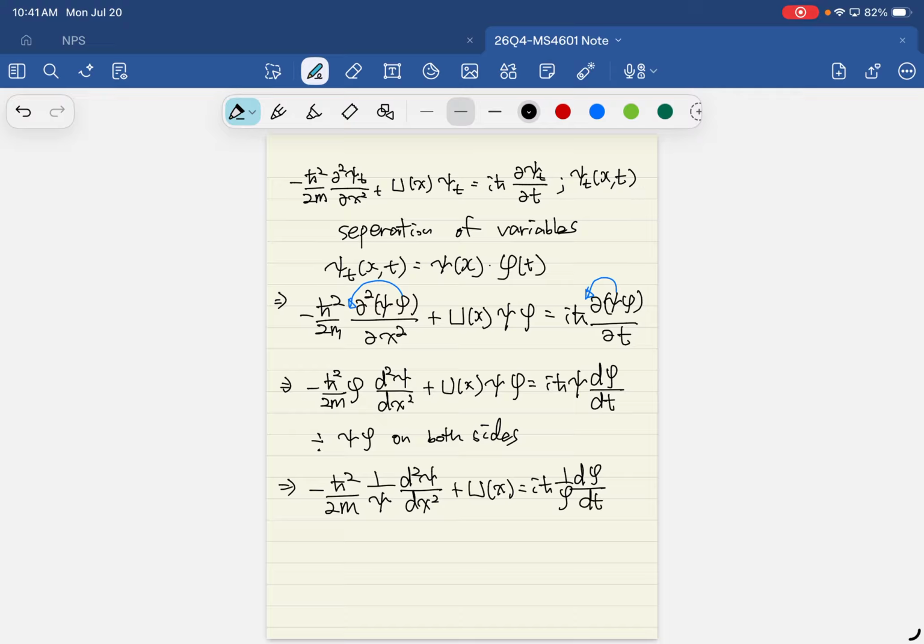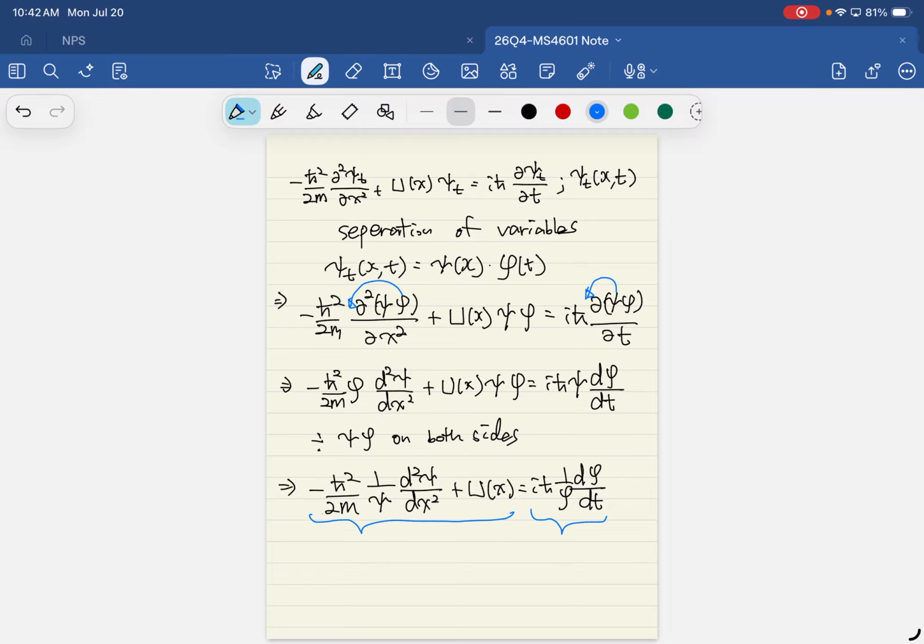Okay. So now let us look at this equation. Let us focus on this left-hand side, and then let us focus on this right-hand side. If you look closely, this u is a function of x, and this psi is a function of x, right? And h bar and m are all constant.